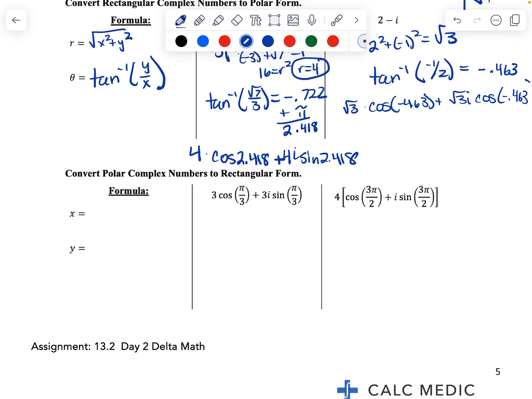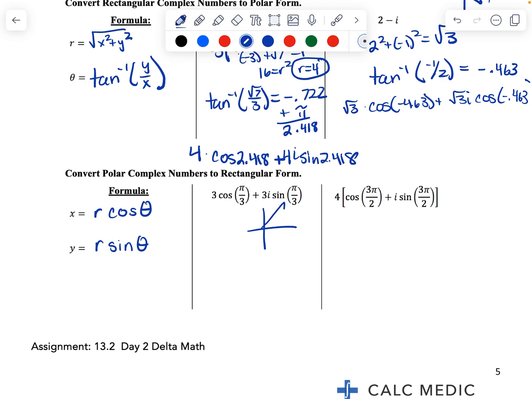So going back the other way, it's that same type of thing we did before. Our x value is r times the cosine of theta, and our y is r times the sine of theta, okay? So, and again, we could plot this just to see where it is.